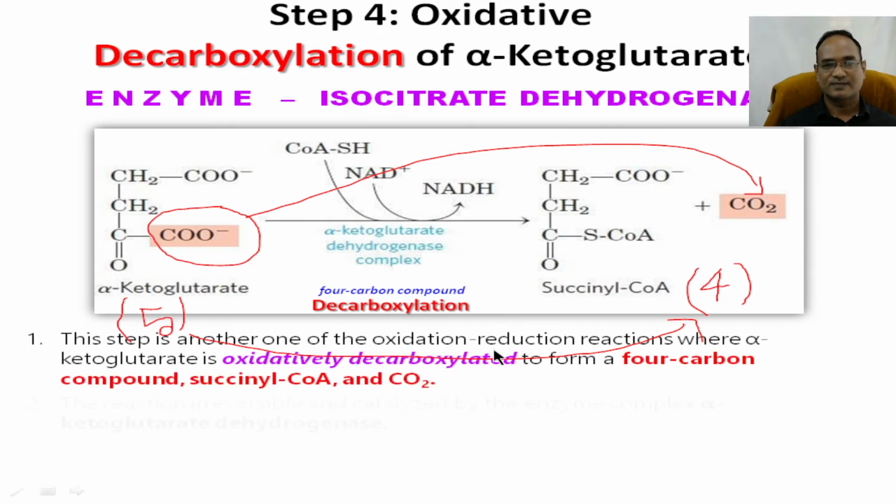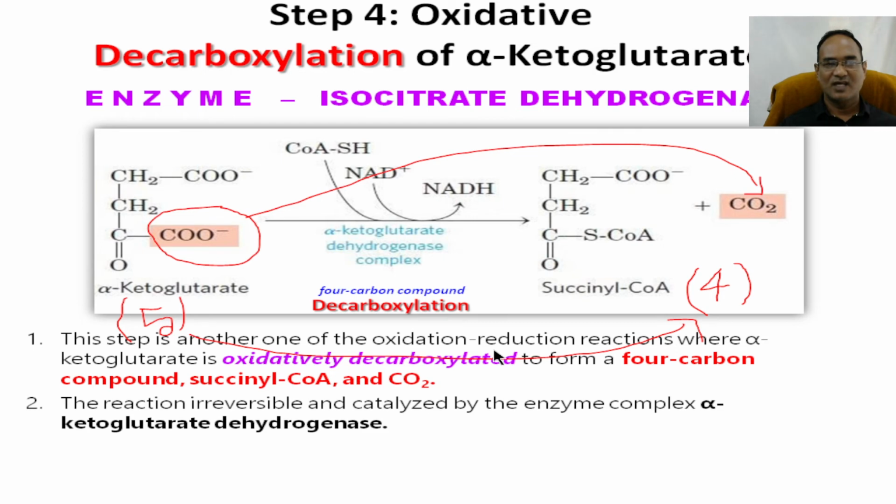The reaction is irreversible, catalyzed by the enzyme ketoglutarate dehydrogenase. Because of the removal of carbon dioxide, we need the ketoglutarate dehydrogenase complex, so that the ketoglutarate is converted into succinyl CoA because of decarboxylation.